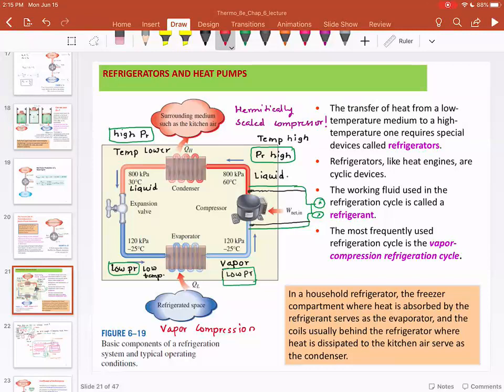But I just want to tell you something real quick. In aircraft, the vapor compression system is not used. The air conditioning and refrigeration used in aircraft is called the air refrigeration system. And here is the reason.